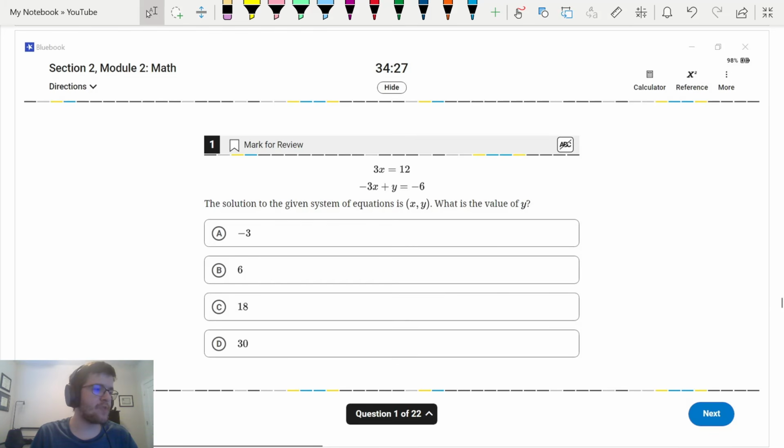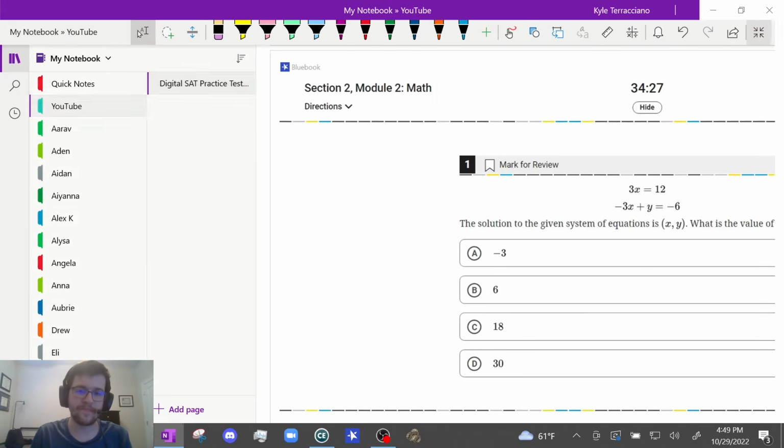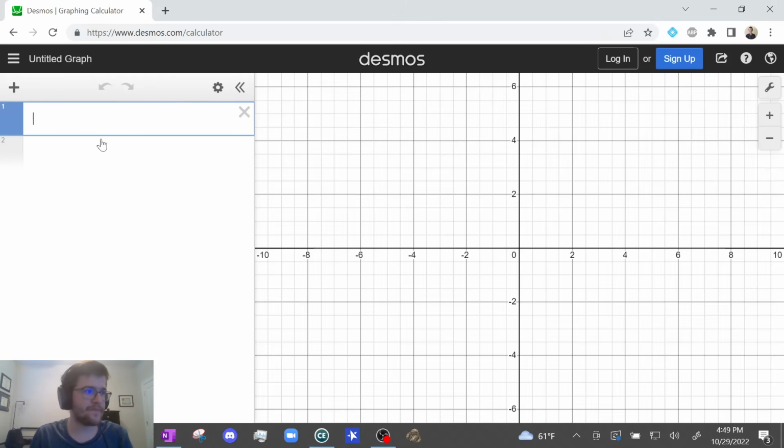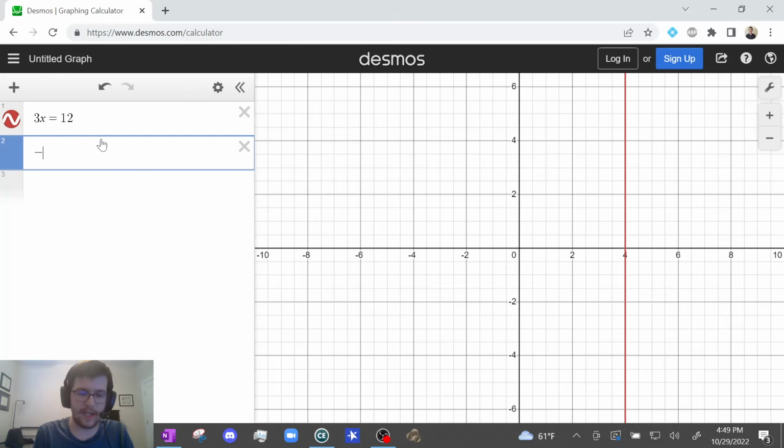Let's get started. Okay, solution to a system of equations. All right, well, we're just going to pull out Desmos. 3x equals 12. Negative 3x plus y equals negative 6.